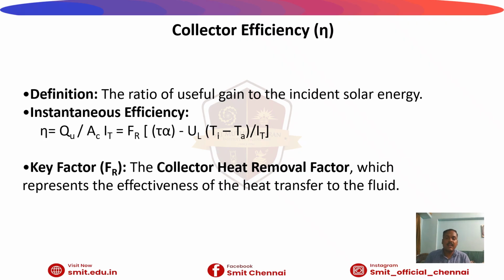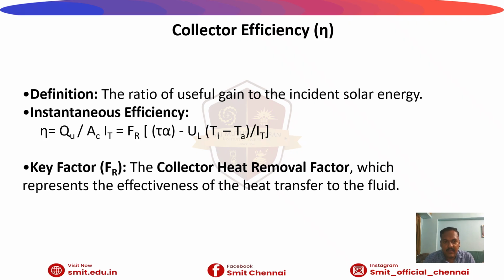Now we see the collector efficiency, eta. It is defined as the ratio of useful gain to the incident solar energy. That is the efficiency, right? How much input solar energy is given and the ratio of useful energy we gained. Simply, we can divide QU by AC into IT, where AC into IT is the solar energy given.